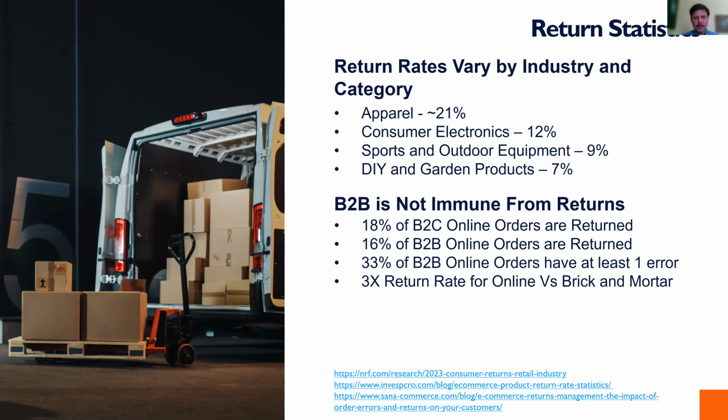We like online orders, and we see a trend going in that direction. But there are more returns. Really, it does depend on the organization. It's important to underscore that, but we don't see many organizations where the return rate is less for online orders. It's usually going to be more. We said we have a 3 times return rate on average.